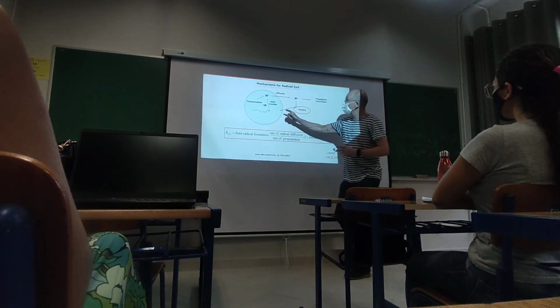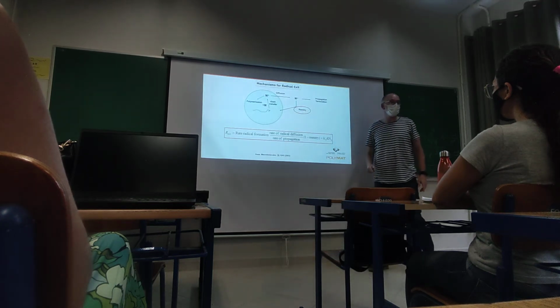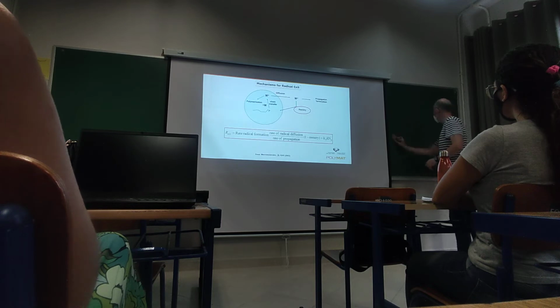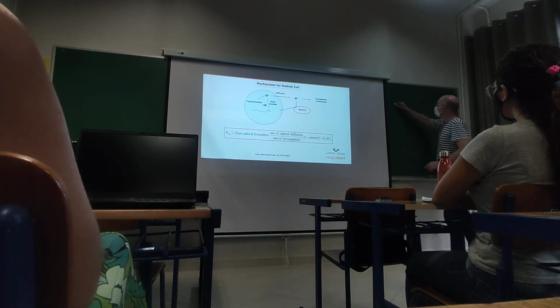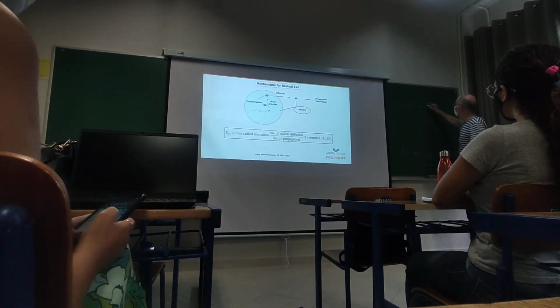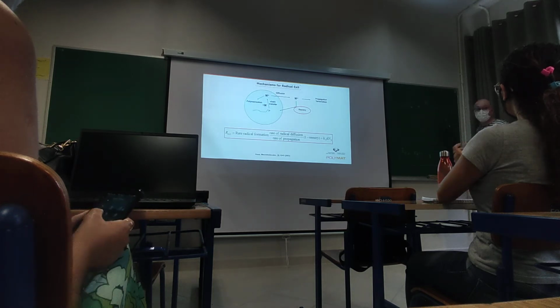So for short radicals to be formed, you need to have chain transfer mechanisms. So you will have a long radical. If it finds monomer, which is normal, you will have a dead chain and a monomeric radical.